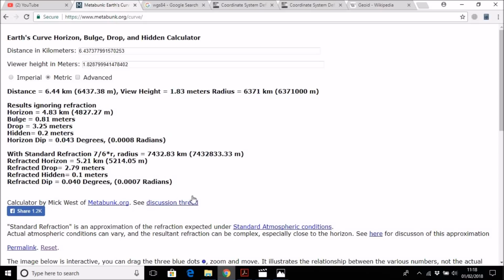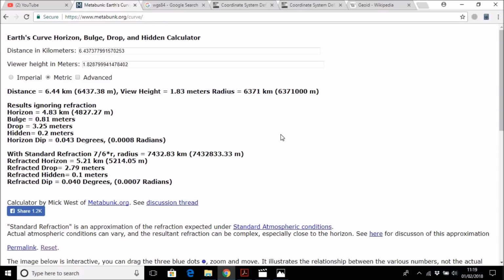And that's why when you use curvature calculators and try to match them to observations that are made on the Earth, they will match closely, but not always perfectly. And of course, refraction contributes as well. Does this mean that curvature calculators are useless? Of course it doesn't.